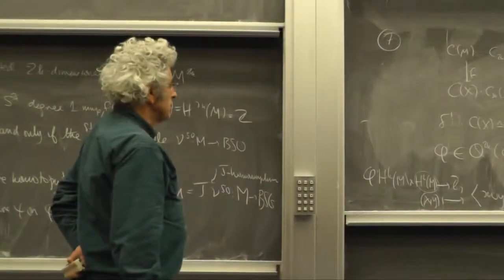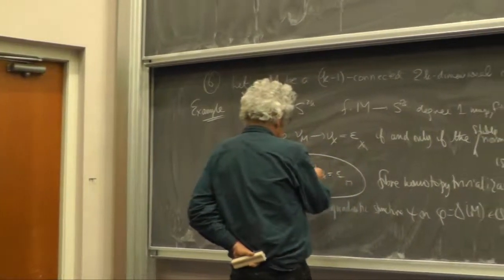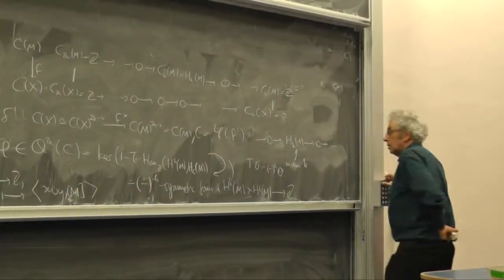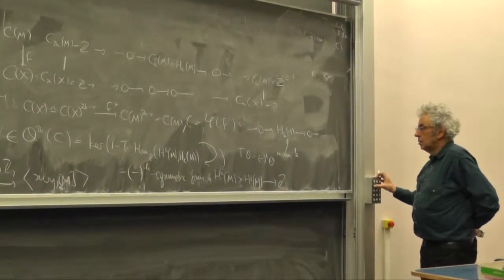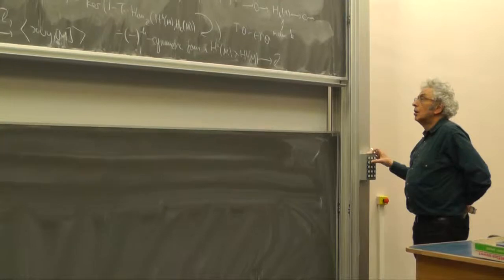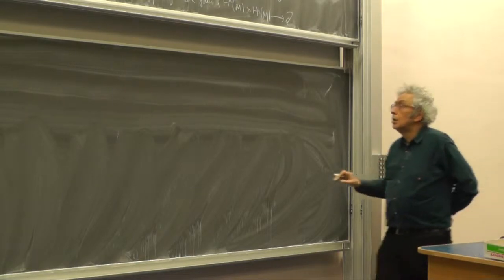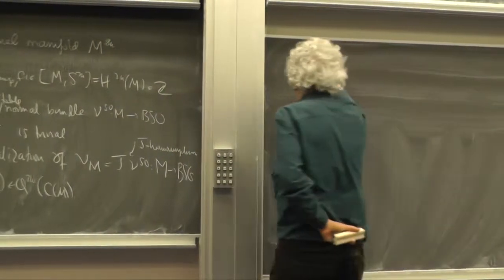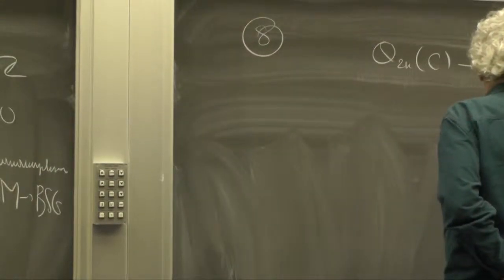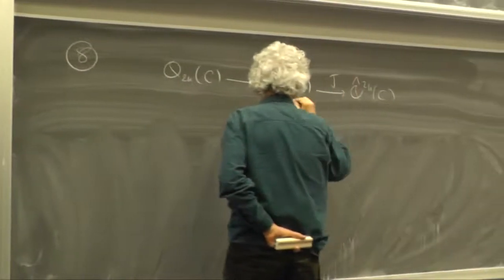So under what circumstances does there exist a quadratic refinement? Also, what is a quadratic refinement? Well, topologically it's this. Algebraically, let's look at the exact sequence.